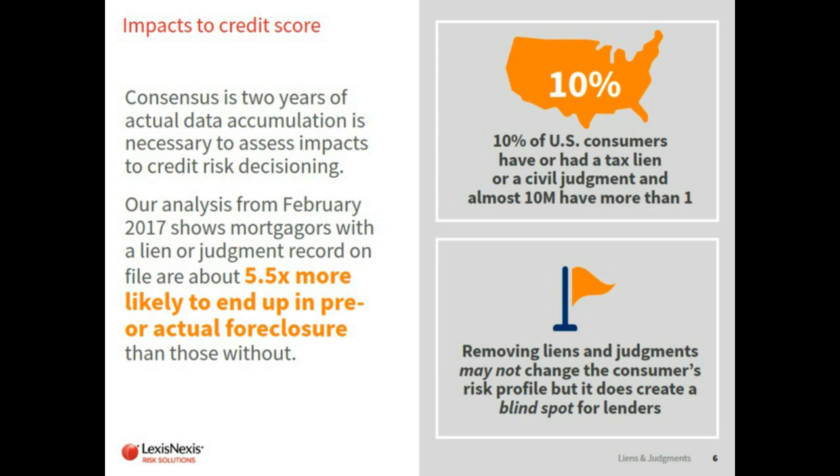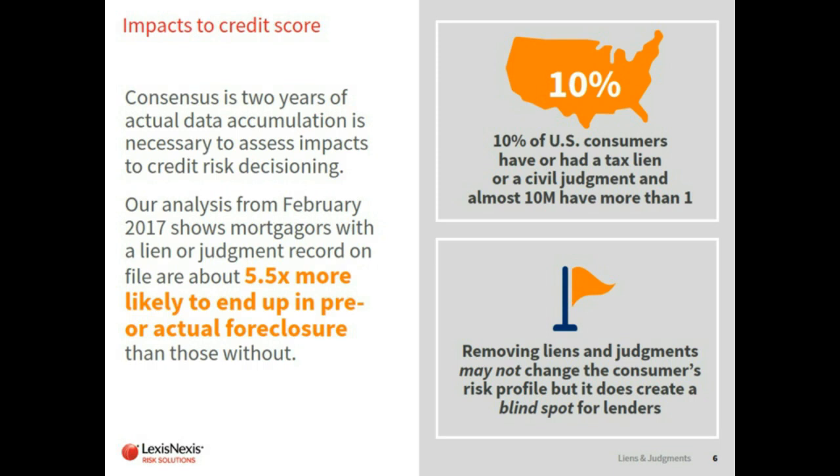So that spoke to where the GSEs, the investors, and the credit bureaus felt that overall there would not be an overall impact to credit scores because they would be able to see some sort of indicator of credit performance through the trade lines, even if they didn't see it on the liens and judgments.